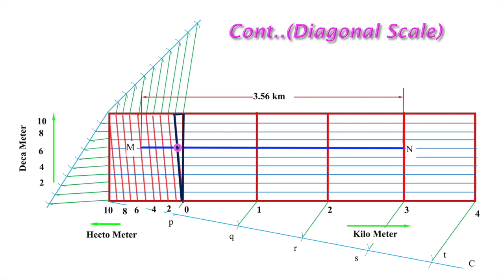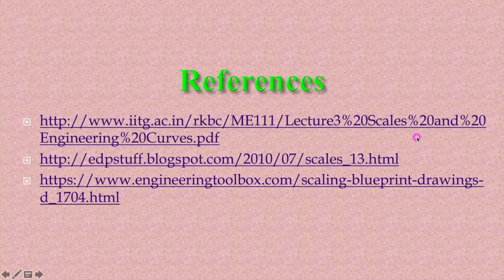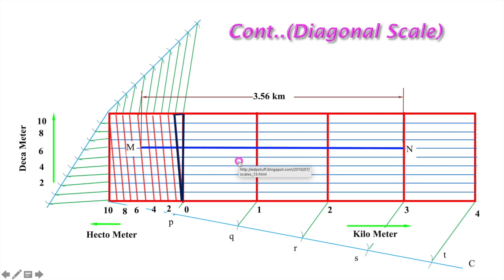So the total length of this line, from here to here, is 3 kilometers. This point to this point it is 0.5 kilometer, and from this point to this it is 0.06 kilometer.